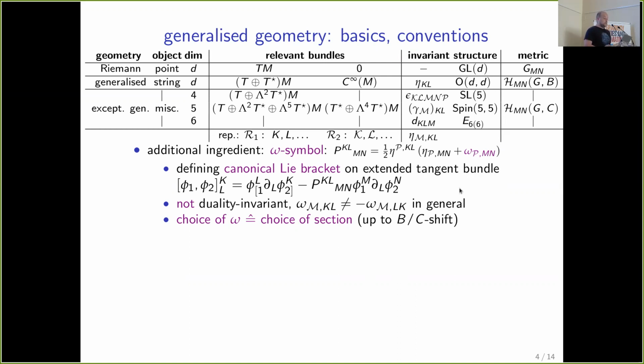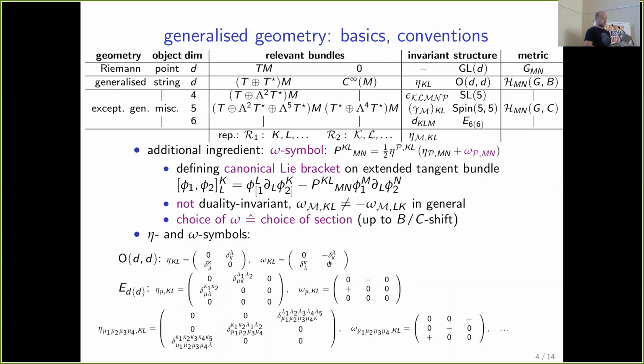Okay, and before we continue with the rest, let me give some concrete forms. It will also not be important, but just for you to get an idea. So for the ODD form, this eta symbol is just the invariant ODD. So we have two identity matrices here, and the omega symbol looks nearly the same, just with a -1 here.